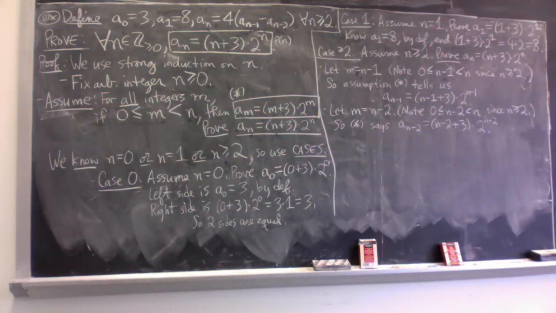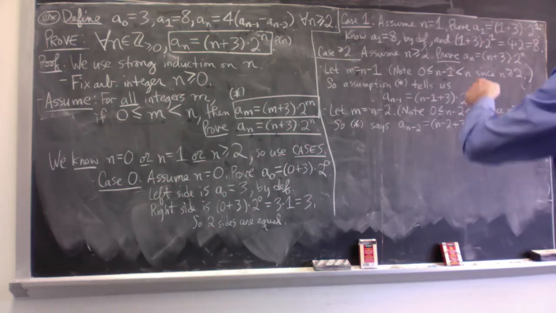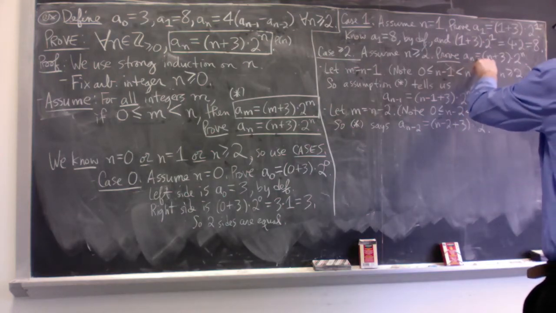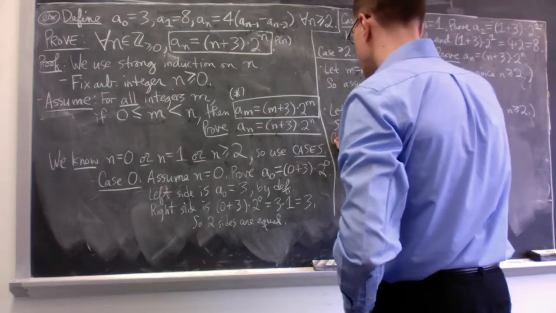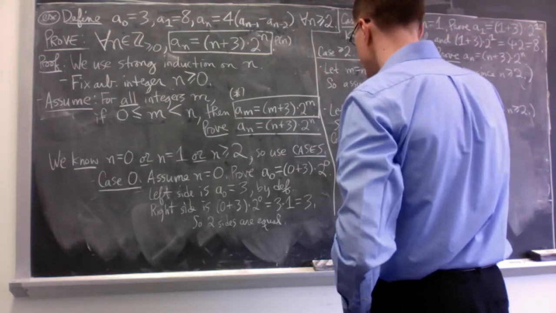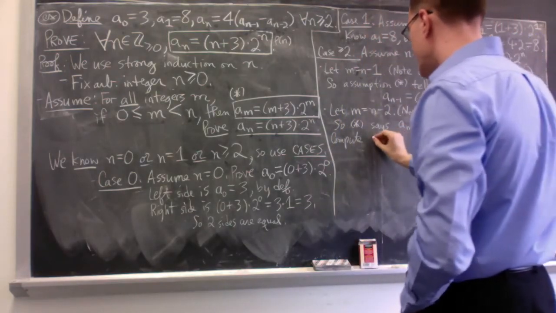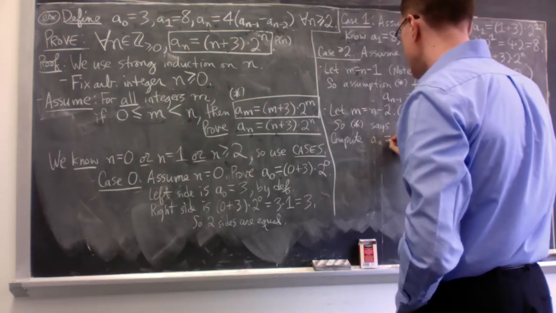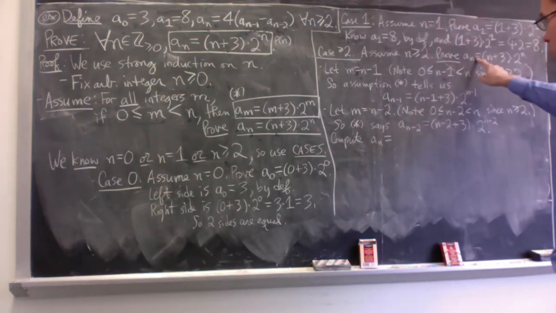Okay, so that's all preparation for the main chain proof. Now we're going to do this guy. So we can say compute. What do we know? a(n) is supposed to be equal to this, but we don't know this yet.